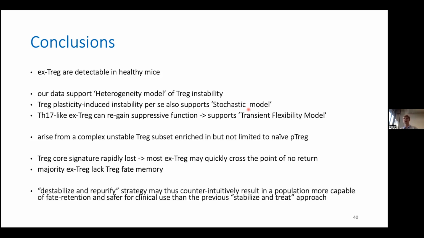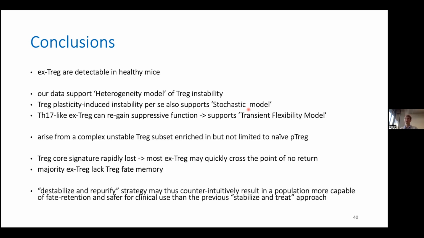So this could suggest, in terms of translation of these findings, that maybe we should not try to stabilize the Treg population in vitro before we transfer them into patients, because we don't really know whether this is working and whether all the Treg are then stable.